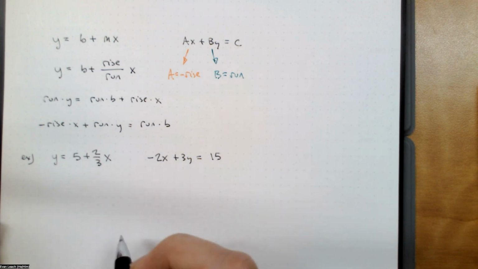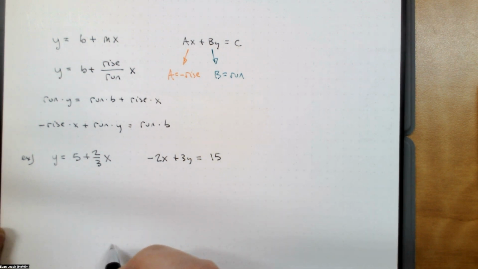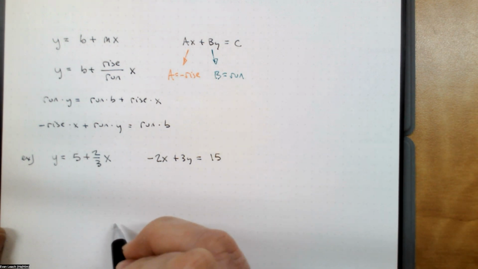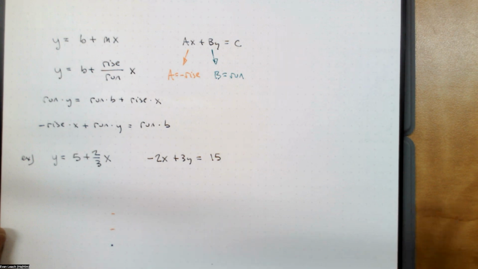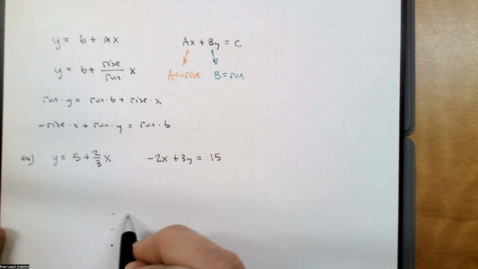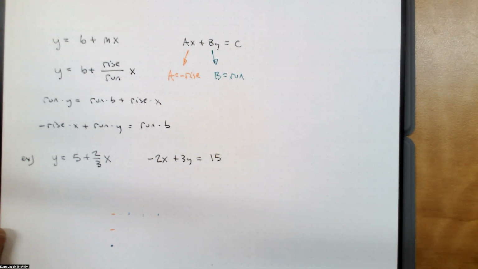We'll start off at 5, and we'll do a rise of 2 over a run of 3. I'll do the opposite too, a rise of -2 and a run of -3.